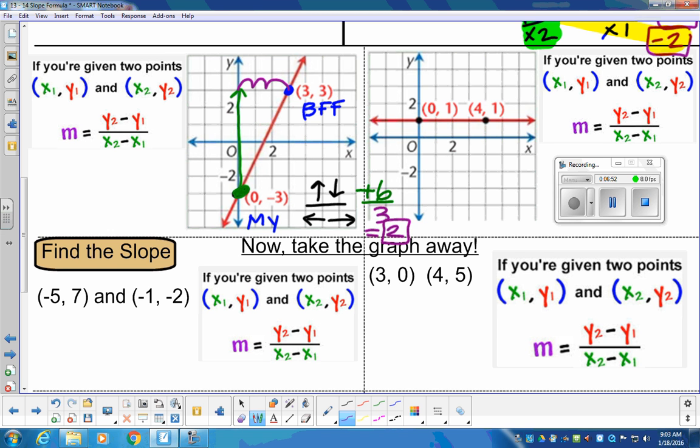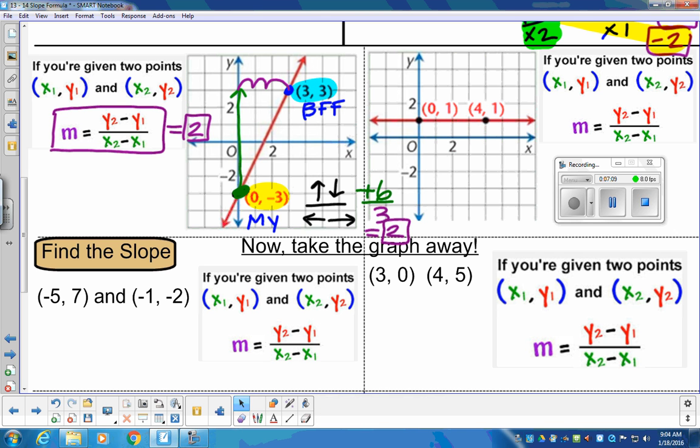My job then is to use this formula to prove that the slope is equal to 2. So we're going to think about this as if the hotel or the graph was gone, and all I know is that this is where I'm staying and this is where my friend's staying, but I do not have a picture of that red line. So you have to visualize that the red line disappears.